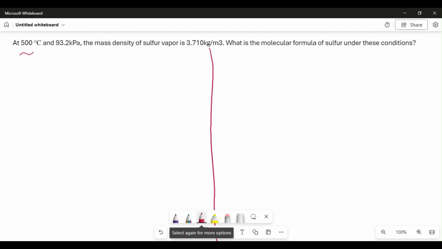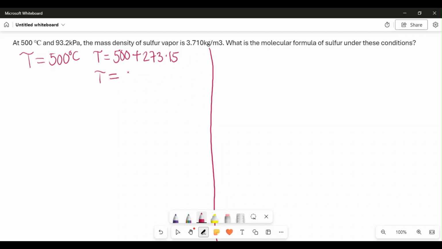We've been given the temperature in this question to be 500 degrees Celsius, which is the same thing as temperature equals 500 plus 273.15. So we can basically go from degrees Celsius to Kelvin to get 773.15 Kelvin, and we're given pressure to be 93.2 kilopascal, and this will stay the way it is.